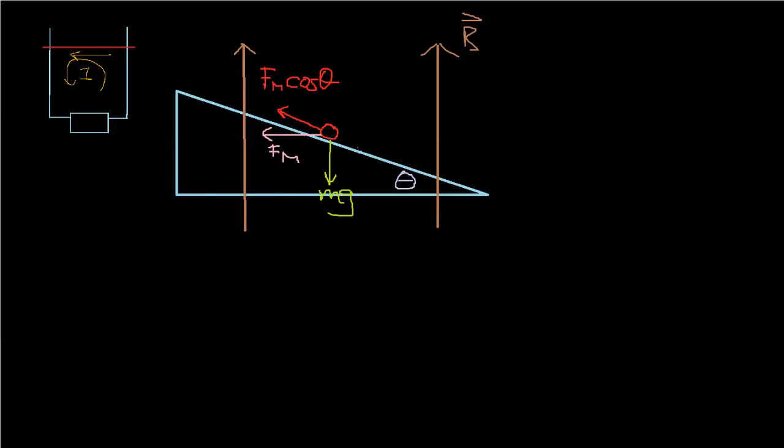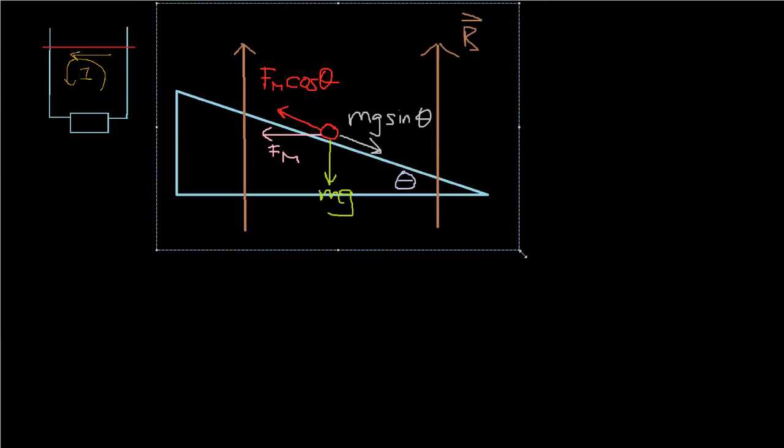So this must be mg sine theta. Now we have our two forces that are involved, so we can go set up our equation. As we all remember, F equals ma. That's pretty unforgettable. So let's actually go set that up right now.